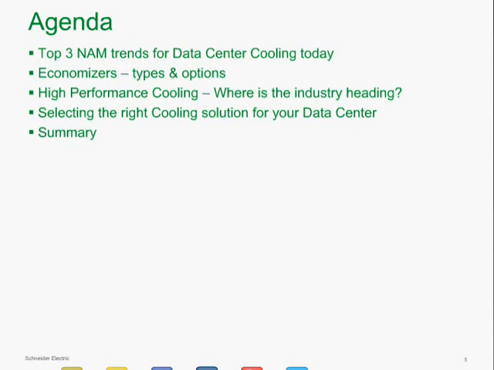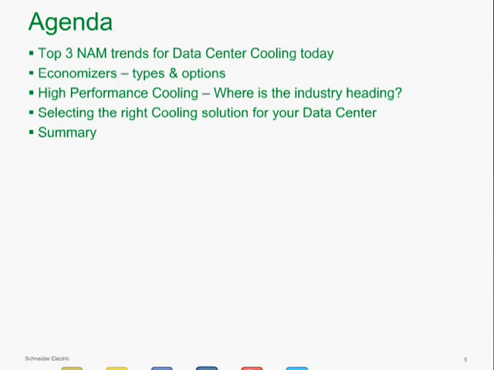And then I also want to share some bits of experience that I've gained over the years and look at our own portfolio of cooling solutions to give you an idea of where to start when you have a new data center build or an expansion to your facility. It can be really challenging to figure out where to start and what the right cooling solution is for you. So without further ado, let me jump into that.